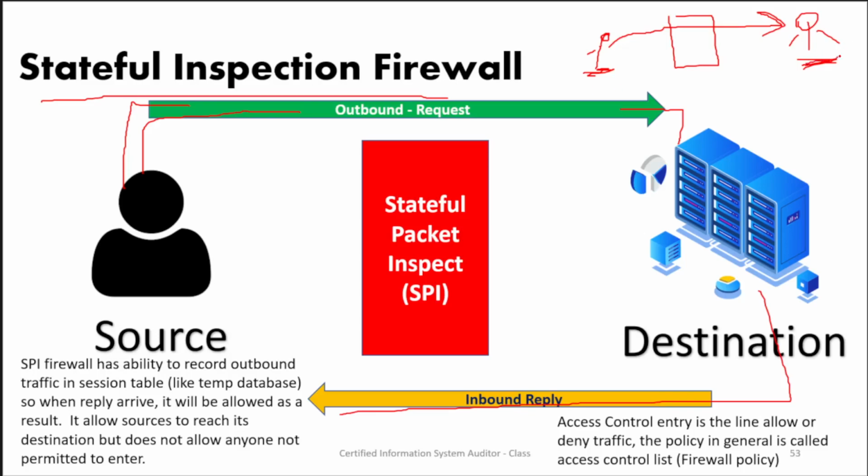This one will respond with data. When stateful inspection sees that there is a reply received from the internet as a result of a previous request, it will allow this reply. But if the stateful firewall finds that this server or destination is trying to communicate with anyone inside the network without being requested from the beginning, it will deny this request.